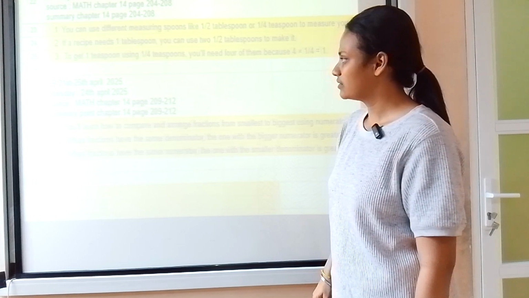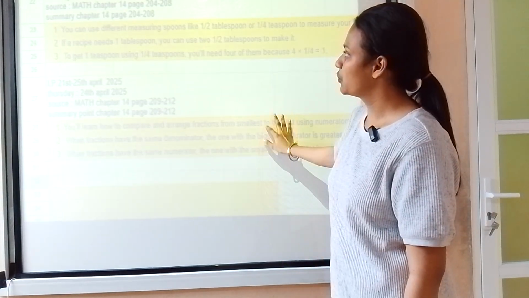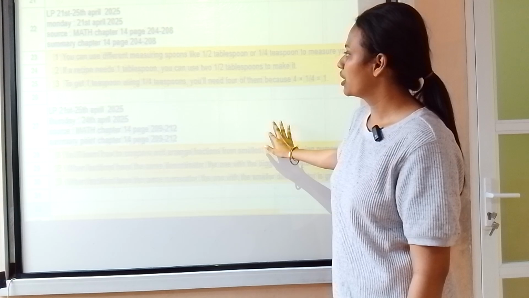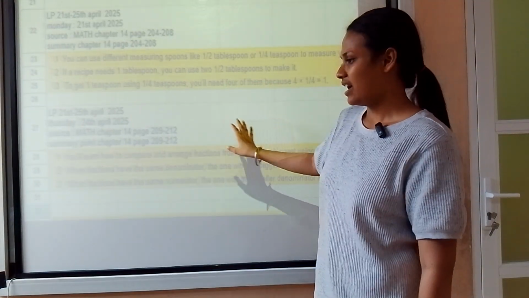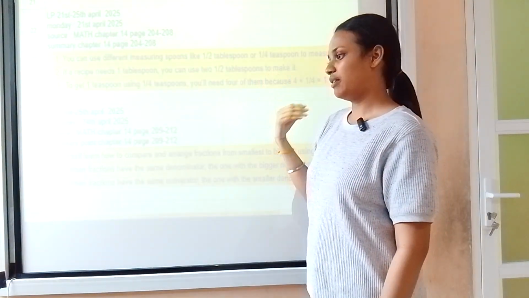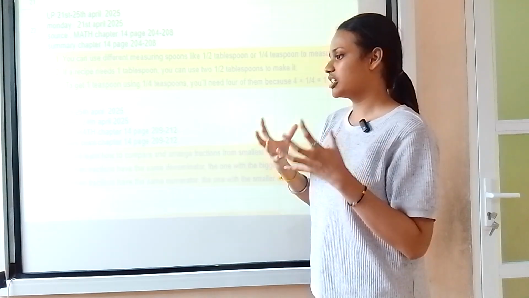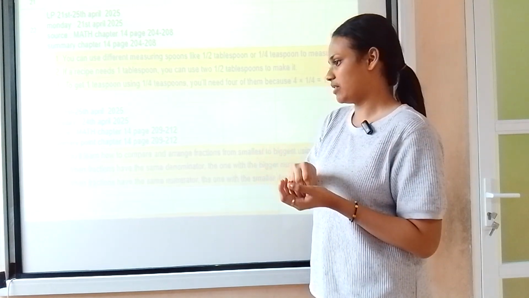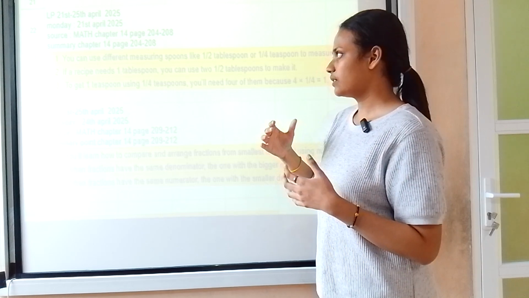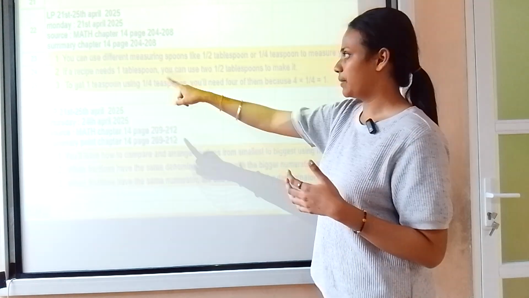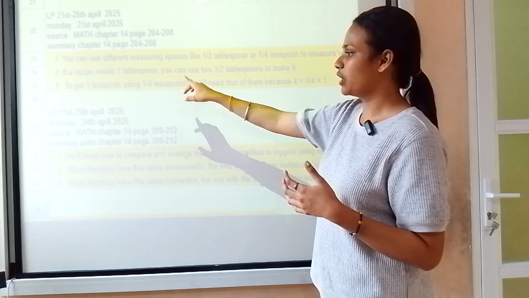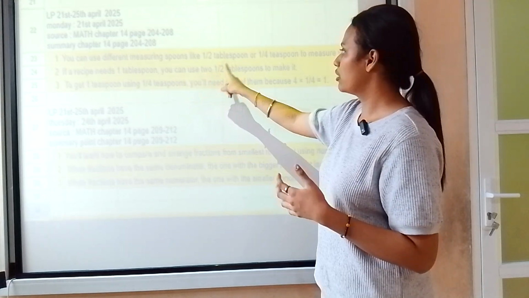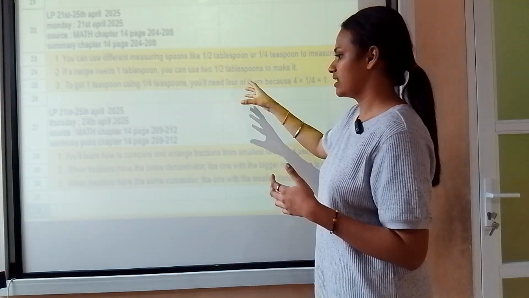If a recipe needs 1 tablespoon, you can use 1/2 tablespoon to make it. So, like I said before, miss, a tablespoon is a measuring spoon. For example, if a recipe needs 1 tablespoon, you can use 1/2 tablespoon to make it, so it's balanced.